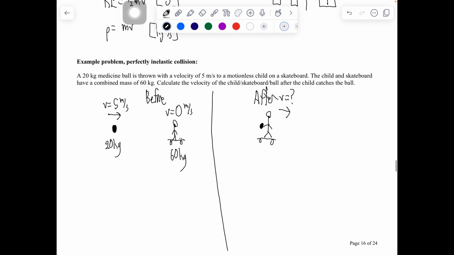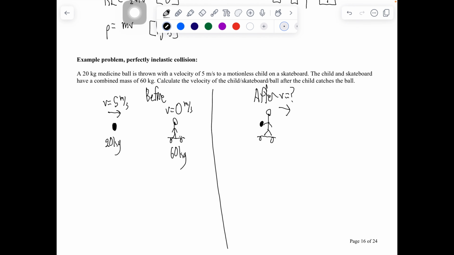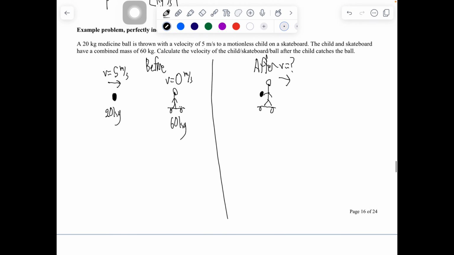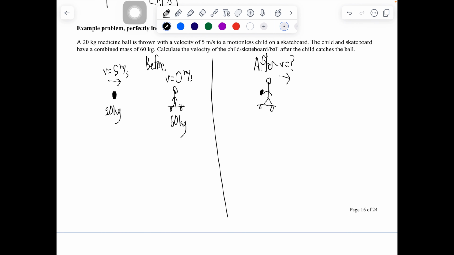Now, the way we set this up before, and the reason we did bounce collisions before, is it's the same exact setup. We use conservation of momentum. The total momentum in our system, which is all of our objects in this case, is going to equal the total momentum of our system after the collision. Before and after, the total momentum is equal. You can split this up.